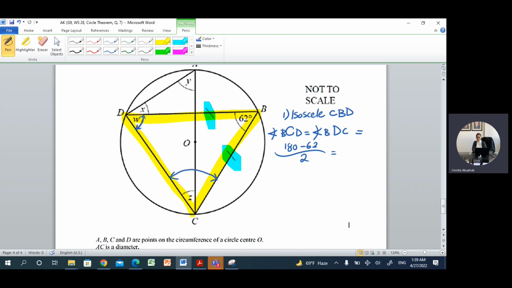So it's equal to 59. So this big angle here is 59 degrees, and W is 59 degrees. So from here we can say that W is equal to 59 degrees.